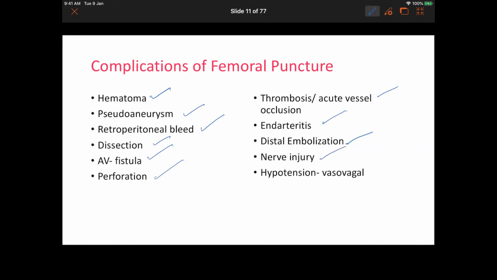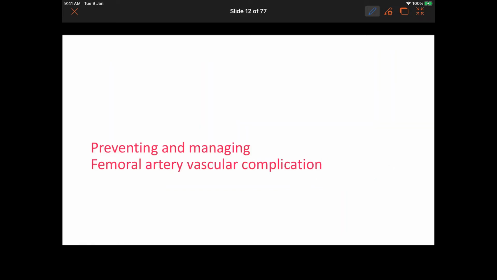And obviously nerve injury, you can damage the nerve through the needle puncture or maybe after compression. And hypotension and vasovagal. Vasovagal is not a very rare complication. It's in fact very commonly seen in clinical practice because of the pain, maybe the hypovolemic status of the patient, because the patient may be fasting for a long time. You can have all these complications.